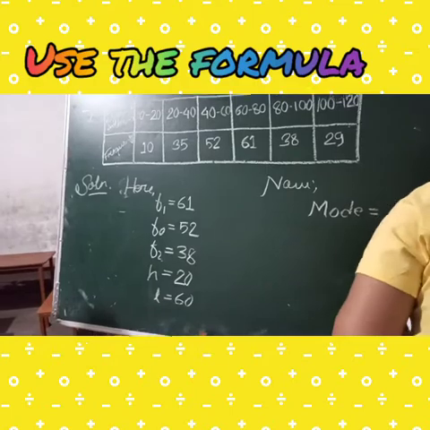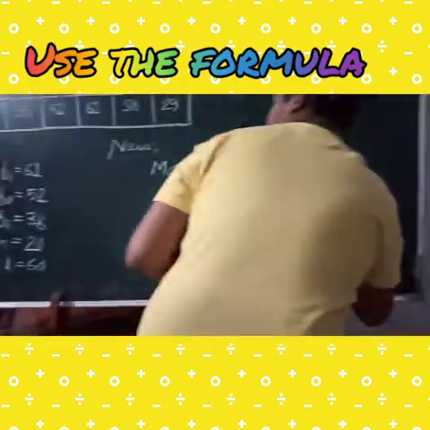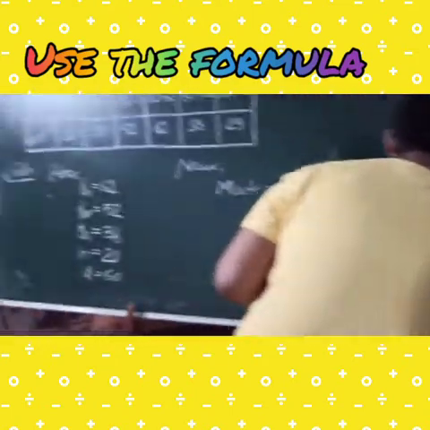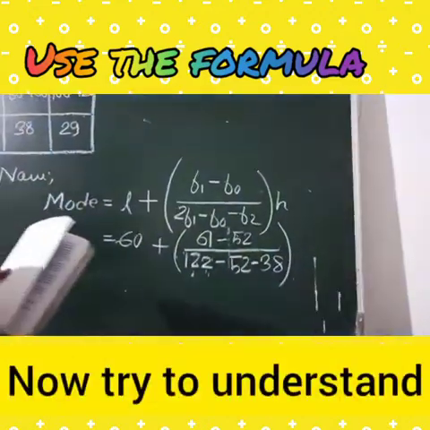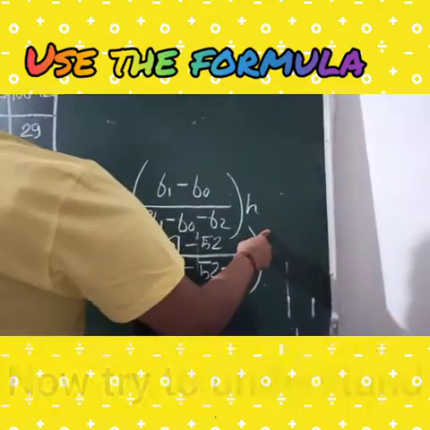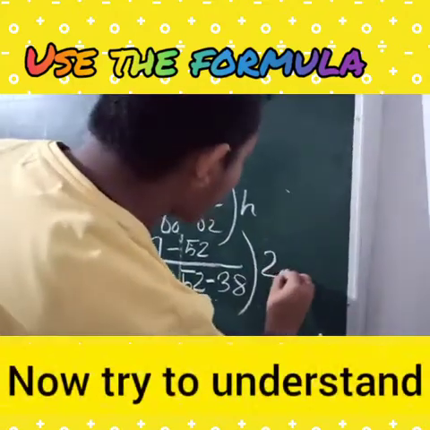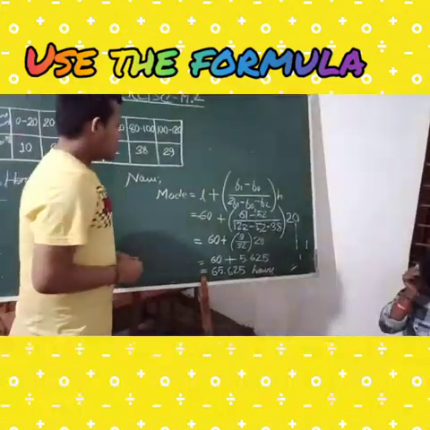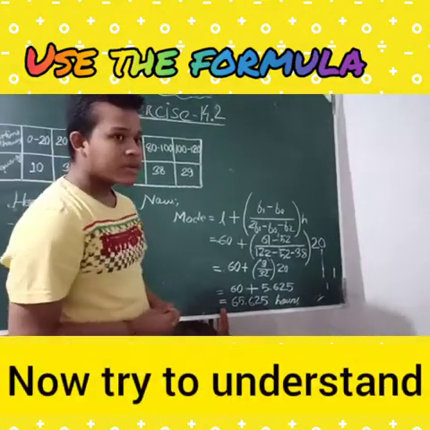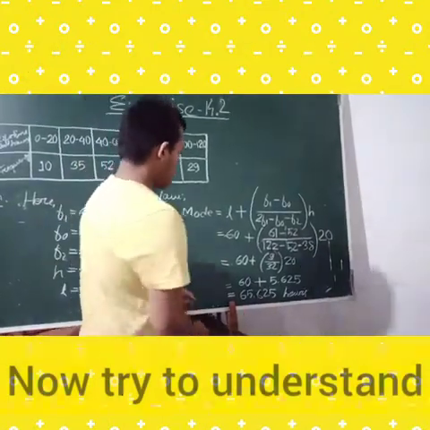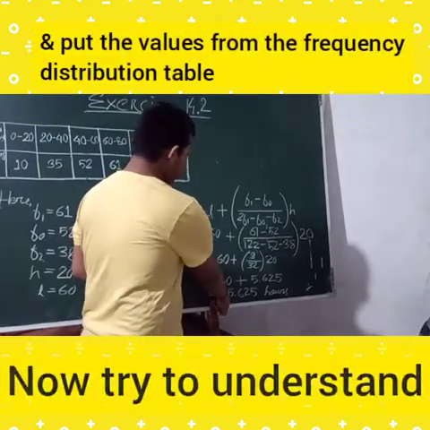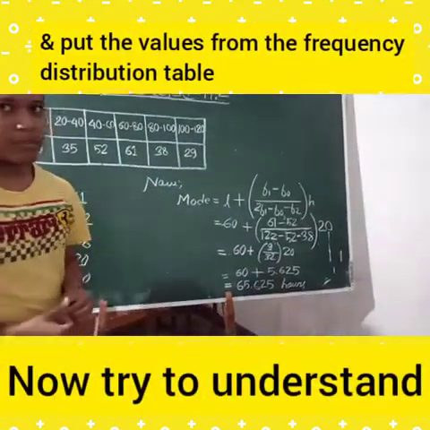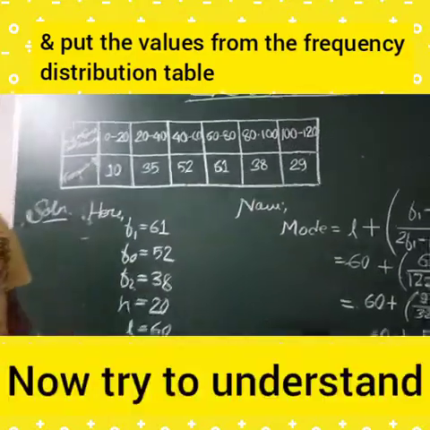Then again F0 is 52 and F2 is 38. And lastly, the height of the class is 20. So after putting the values and solving it, we get the mode as 65.625 hours.